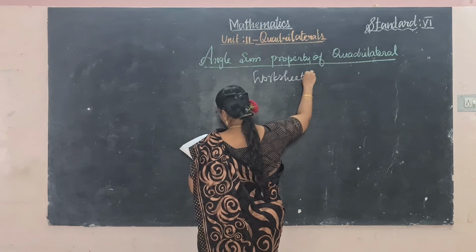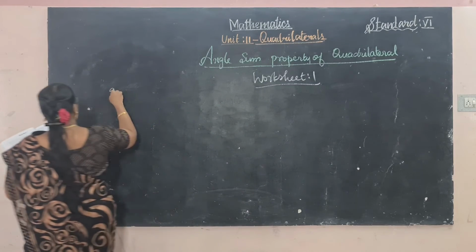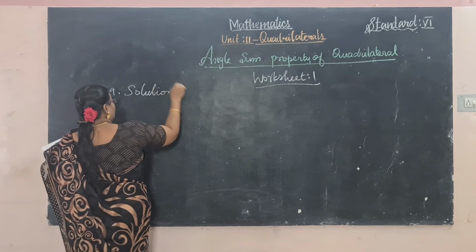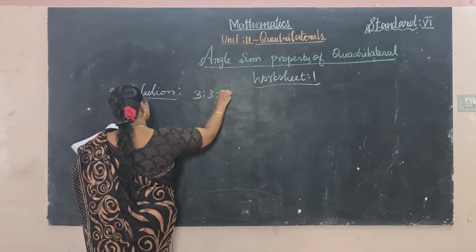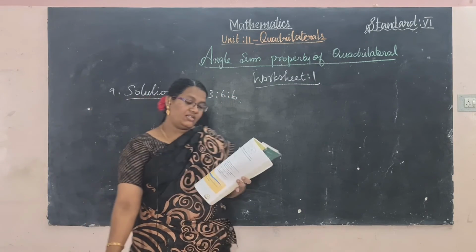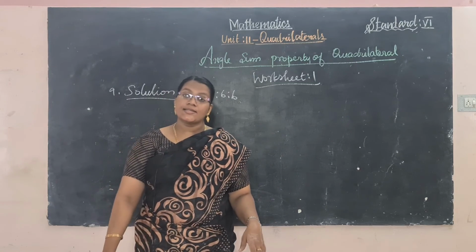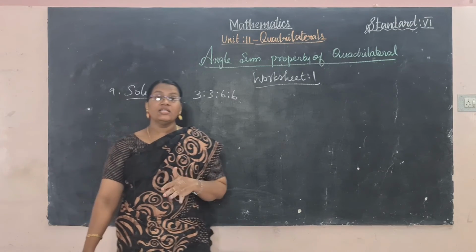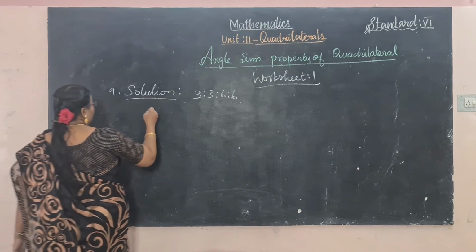Worksheet 1, 9th problem. The angles of a quadrilateral are in the ratio 3:3:6:6. Find the measure of each angle.